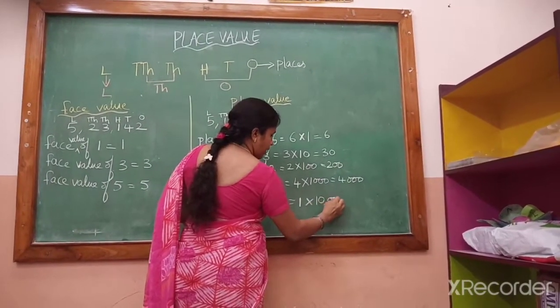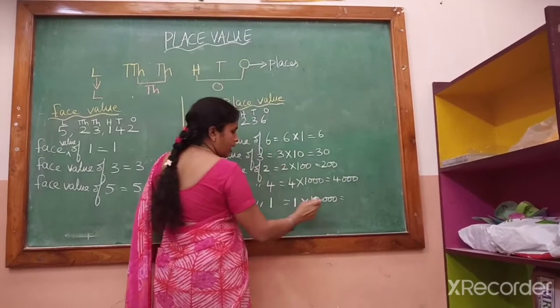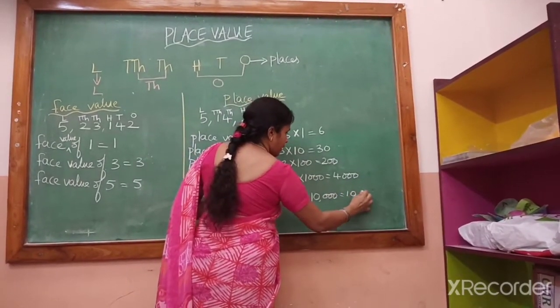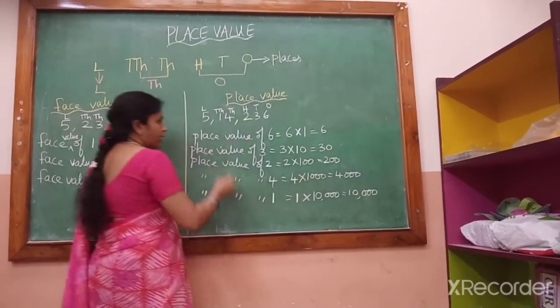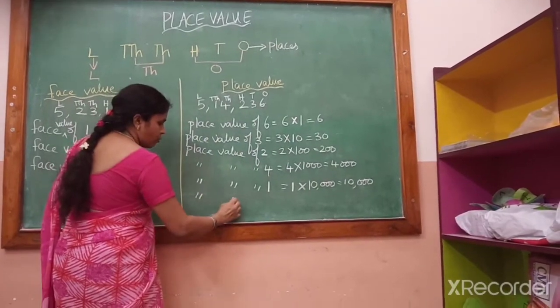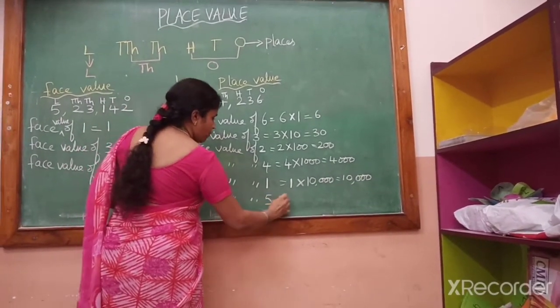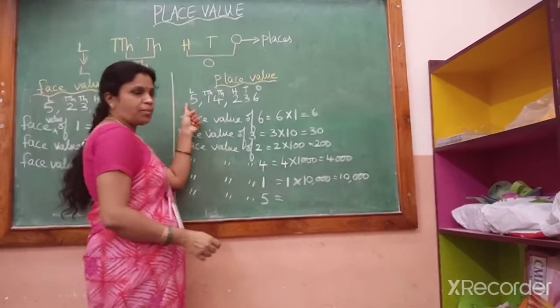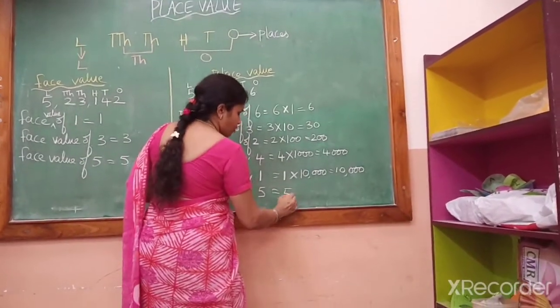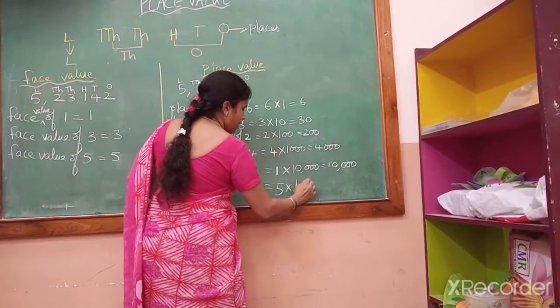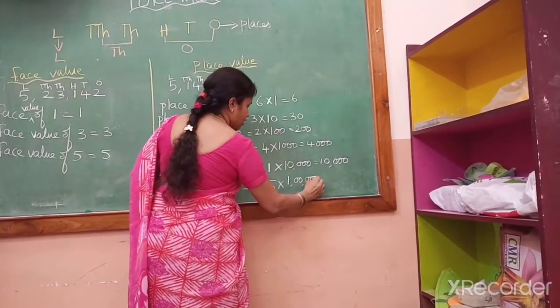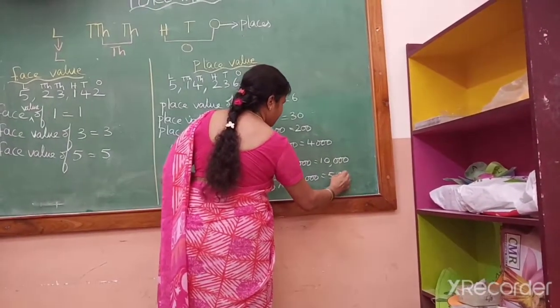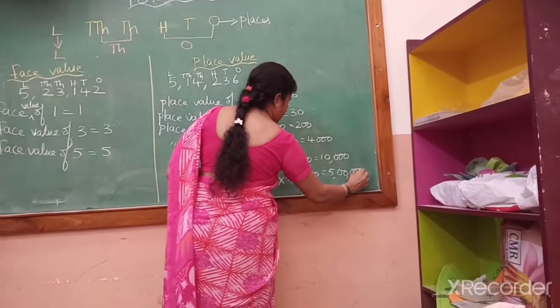So write 10,000. So 1 into 10,000 is 10,000. Now last, find the place value of 5. So 5 is in which place? Lakh. So 5 is multiplied with the lakh place. So 5 into lakh, 5 lakh.